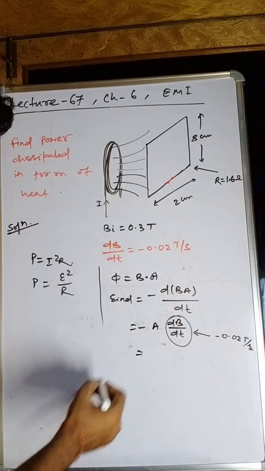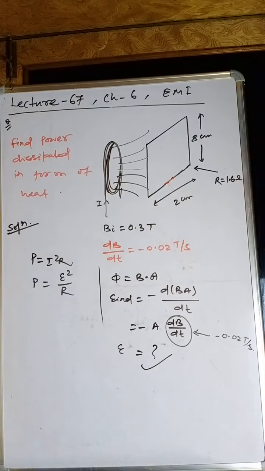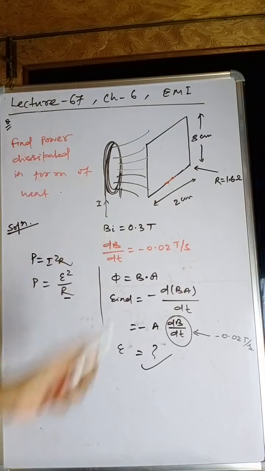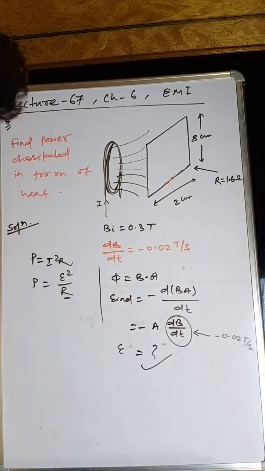You will put the value. You have calculated the value of E. Now the resistance is given. By doing some simple calculation, you can find the power dissipated by the coil.